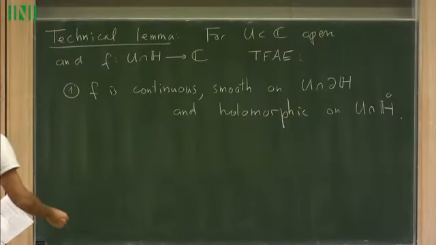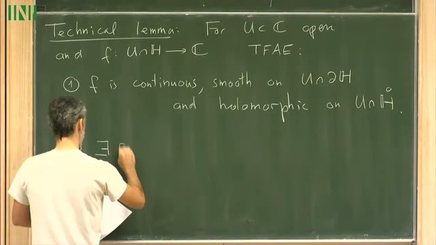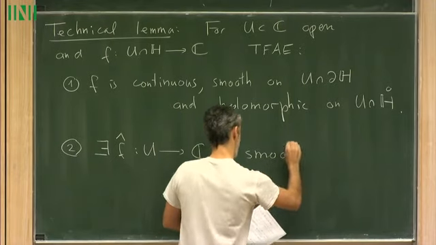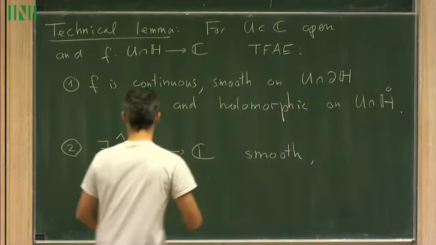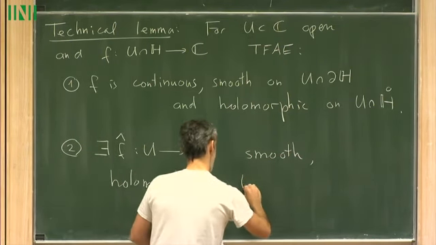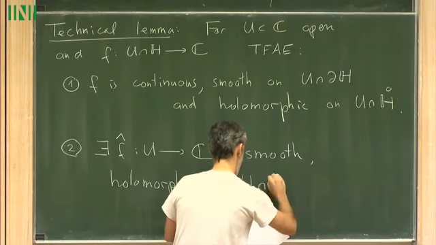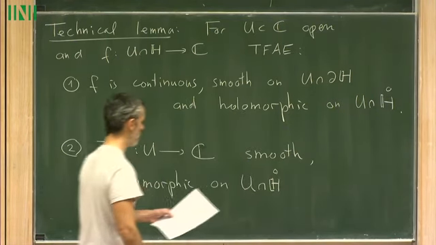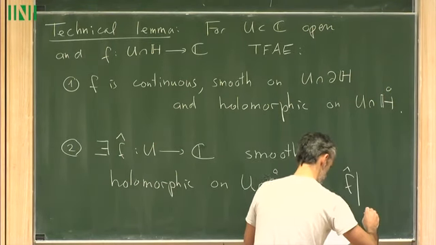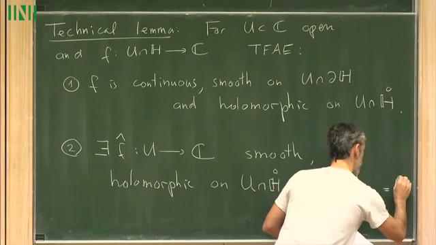And the second equivalent characterization is there exists a function f hat defined on all of U, which is smooth, again holomorphic on the interior, U is open, yes, and the restriction of f hat to U intersect H is the function f we care about.